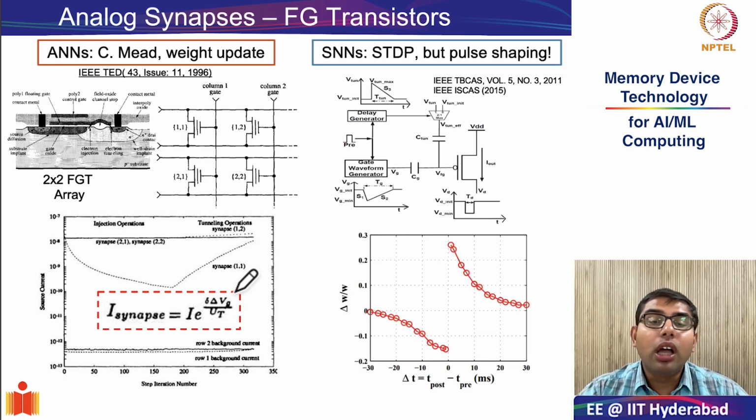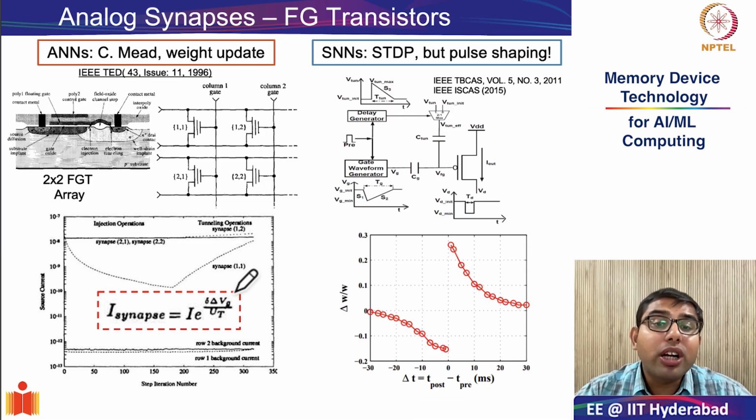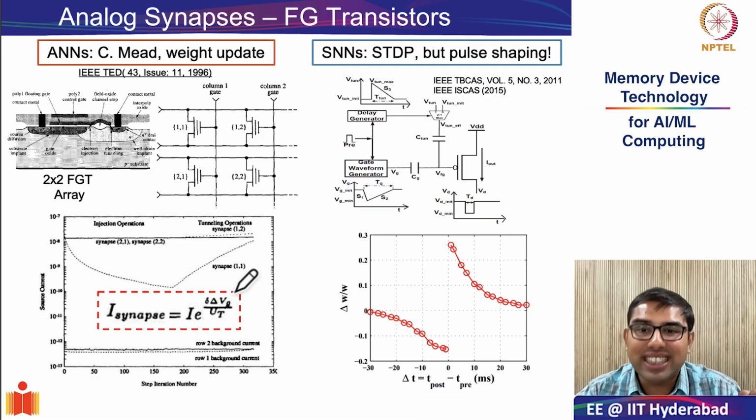Next, we shall see how spike timing dependent plasticity is implemented in floating gate synapses. But it is very important to understand at this juncture that a direct application of pre and post synaptic spikes does not really work in most solid state devices.